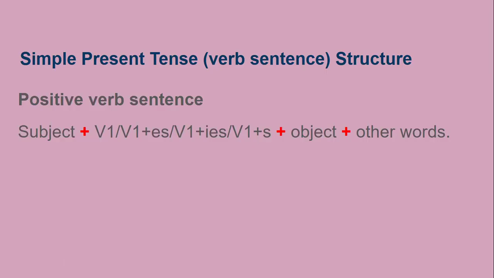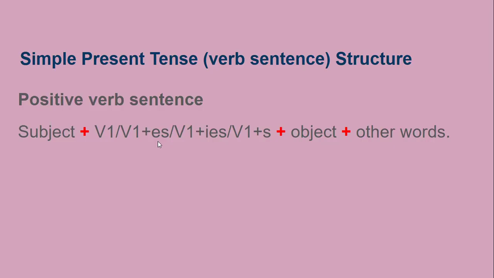The form of the verb that we use is dependent on the type of the verb that we have. Okay, as we will see, we will look at the different types of verbs. Some of these verbs, we have to add es at the end, and other, we have to add ies at the end, and the other, we need to put s at the end.